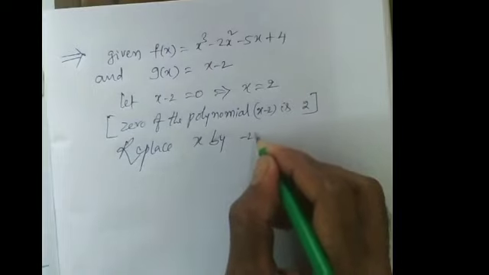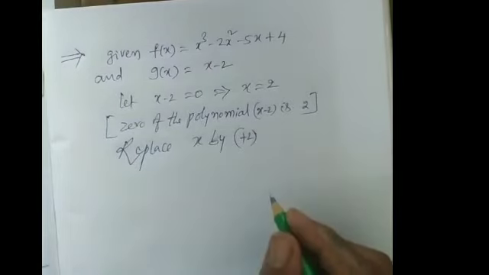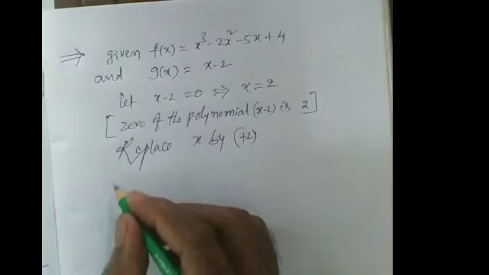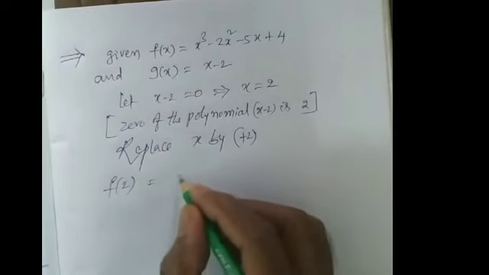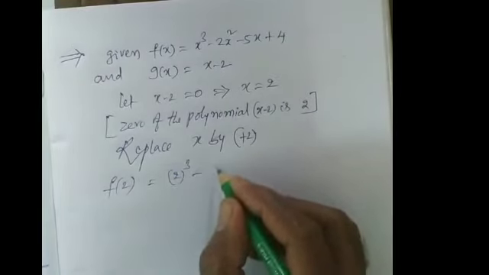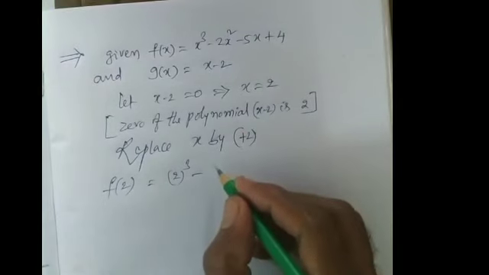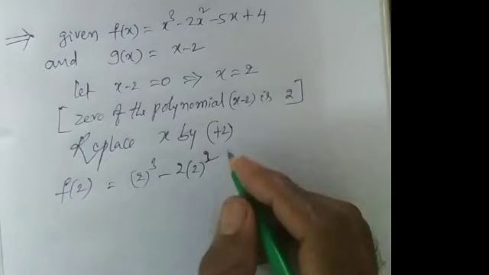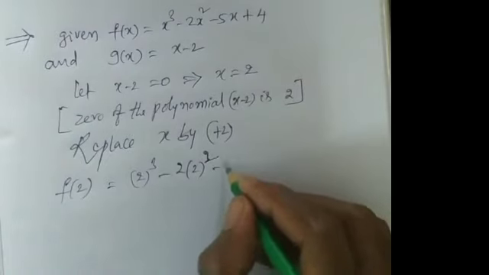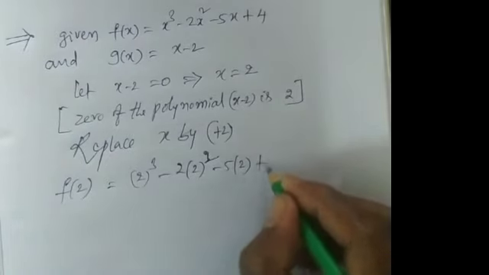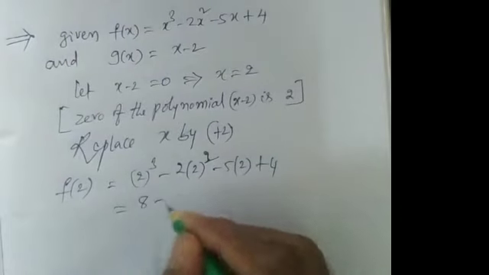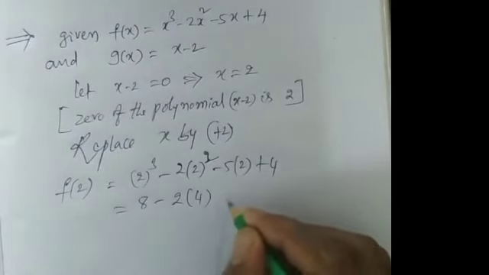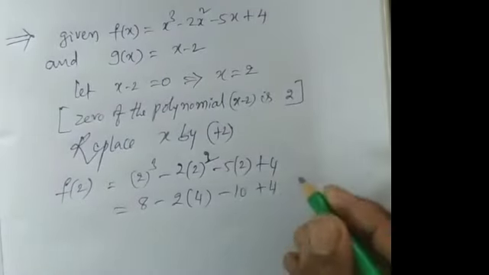Now f of 2 equal to, we find the remainder by finding f of 2. x cube means 2 cube, minus 2 into 2 square, minus 5 into 2, plus 4. On simplification you get 8 minus 2 into 4 minus 10 plus 4.